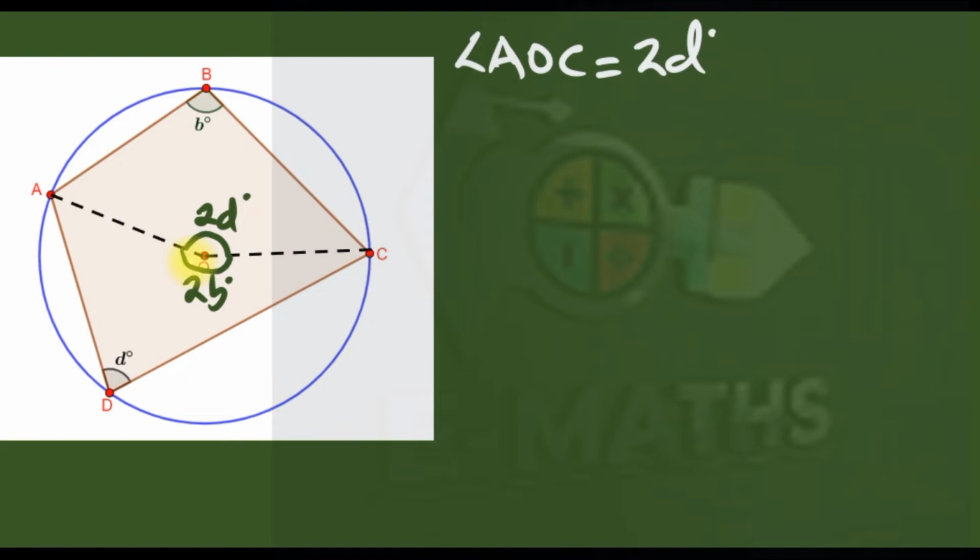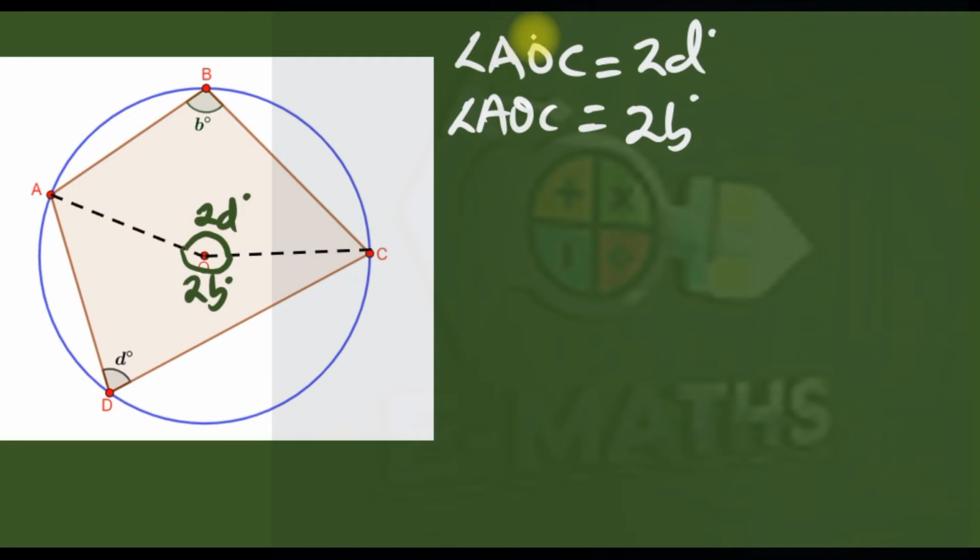This should be our major arc. So for this minor arc AOC, one is major, one is minor. This is our major, while this is our minor arc. So minor arc is 2D.